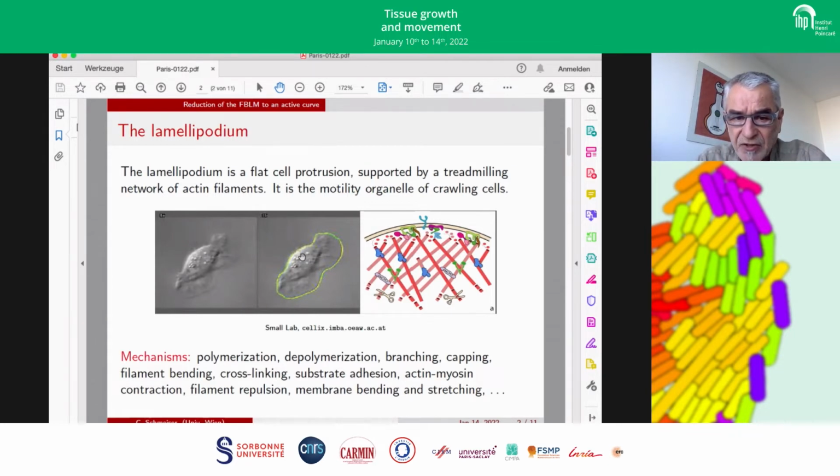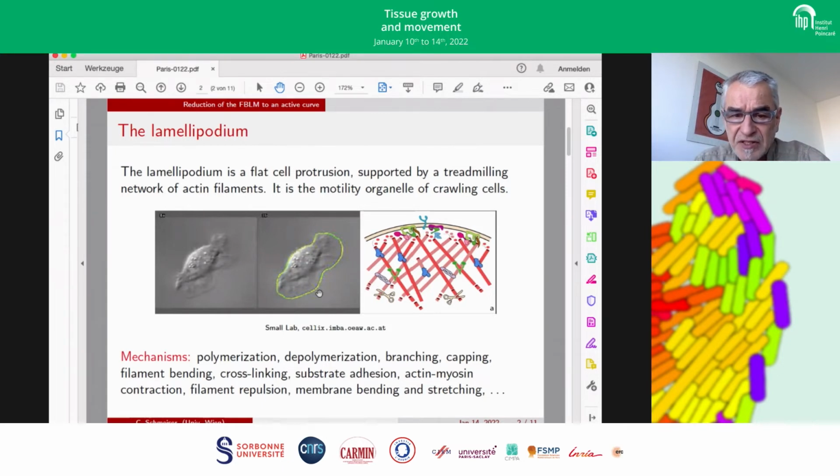So this keratocyte would be in a moving state, where it moves in this direction. And the lamellipodium has both the function to glue the cell onto the substrate, so that it doesn't float away, but also it's the movement organ, as I said.